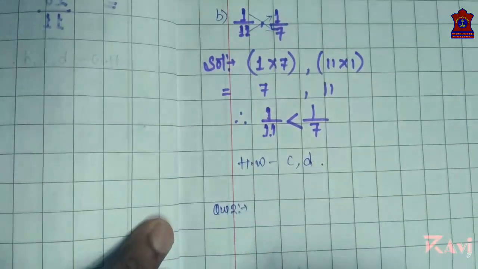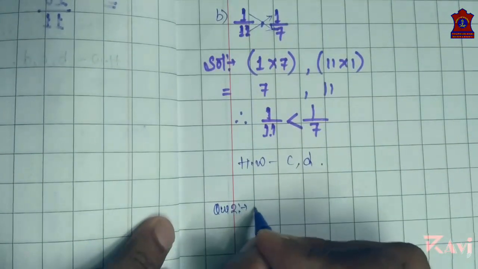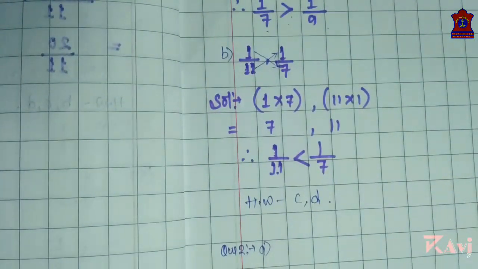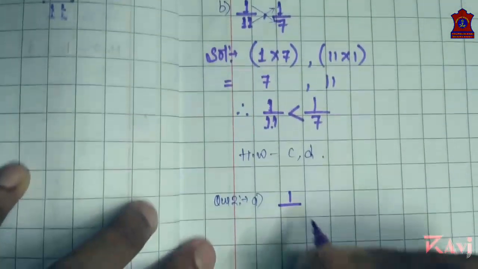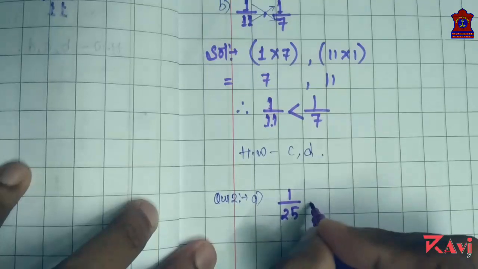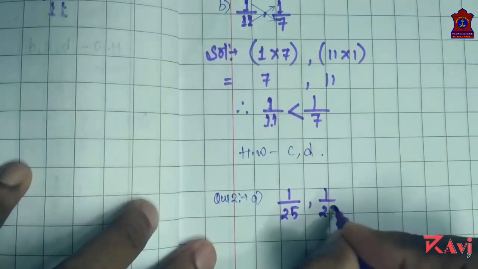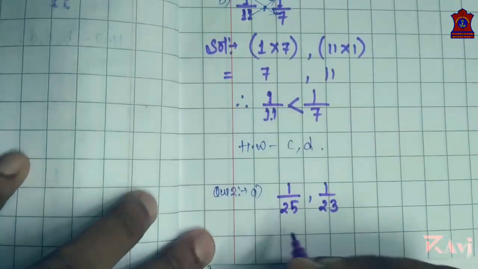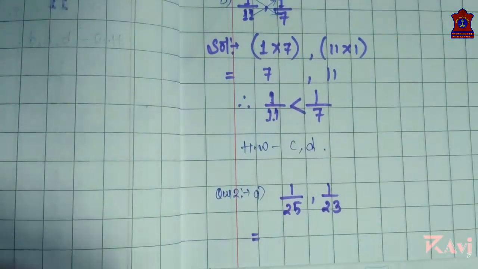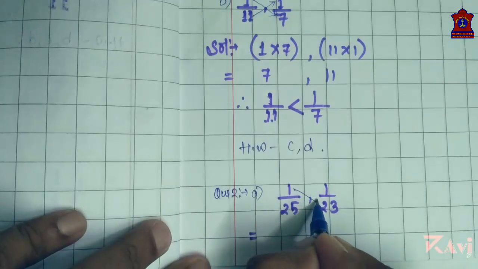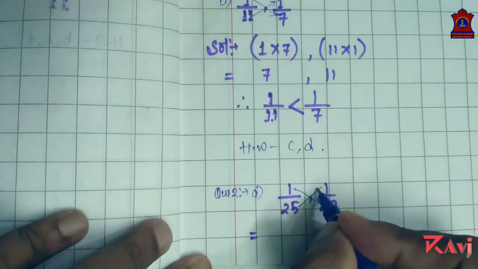See how. 1 by 25 and 1 by 23 is given. What you will be doing in the next step? This numerator 1 will be multiplied by this, and this will be multiplied by this.